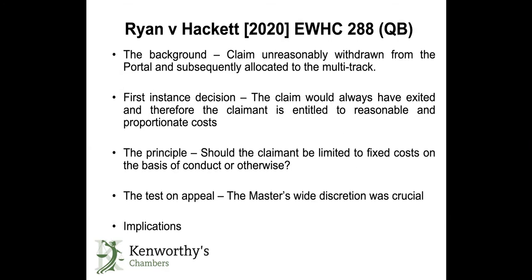We don't get as far as budgets, and the case settles for 20,000. Now, this was a case with an accident date of June 2013, and so the upper scope limit of the portal was 10 rather than 25,000 for this accident. So we had a settlement of about double the maximum upper scope limit of the portal.